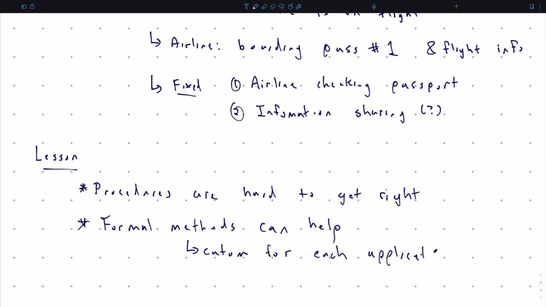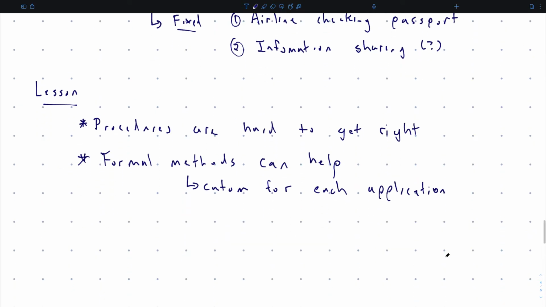So if it's the government of Canada trying to make sure airline procedures are correct, then that makes sense, right? They can spend a bit of time on it. But if it's your company and you have 5 employees and you're trying to figure out who has access to the server room, and you're trying to write down a policy that makes sense, then you're not going to use formal methods in order to do it.